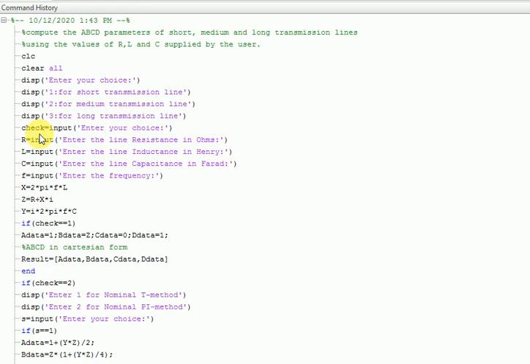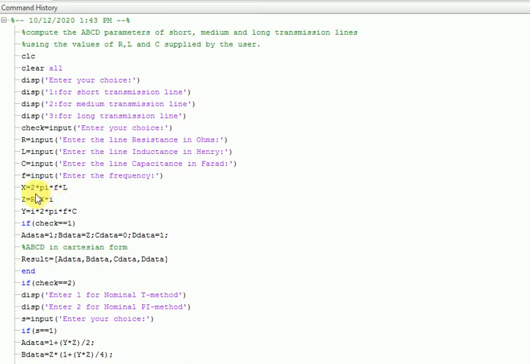Then after it will check the input, means the entered choice, and then we need to enter R, L, C and F, where R is the resistance in ohms, L is the inductance of the transmission system in Henry, C is the capacitance in Farad, and F is the frequency of the system for which we are finding the ABCD parameters. Now let us start this program. So X is equal to 2 pi FL.